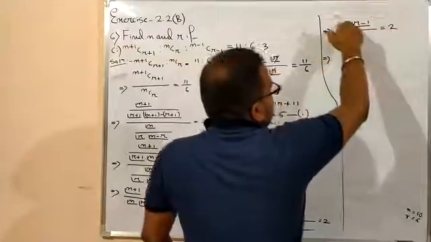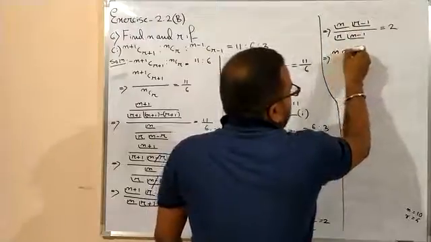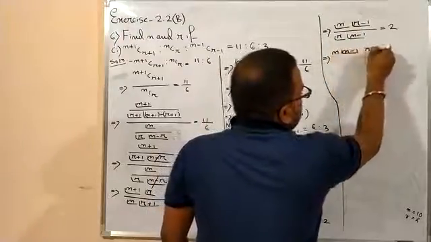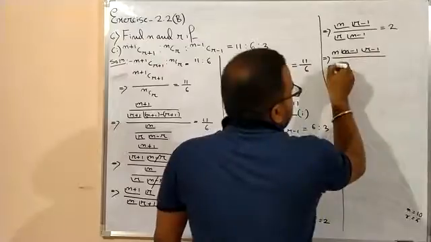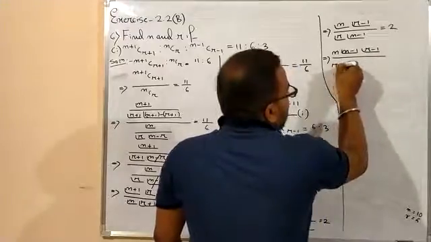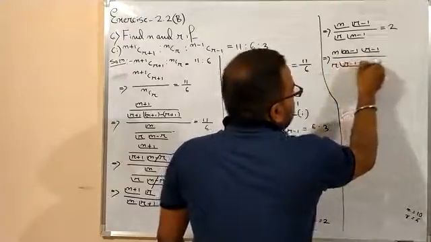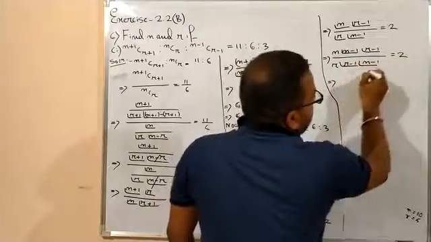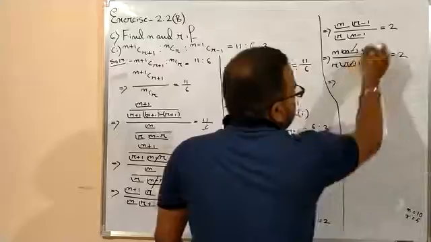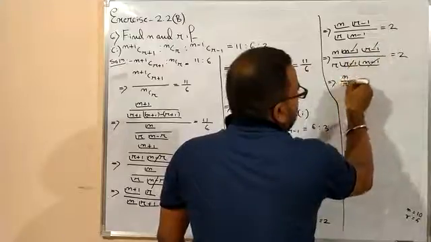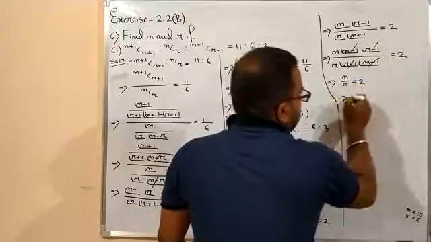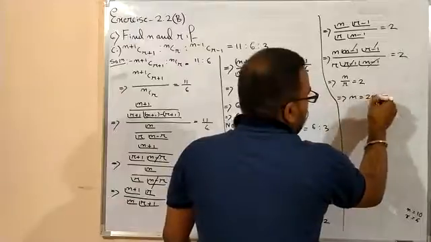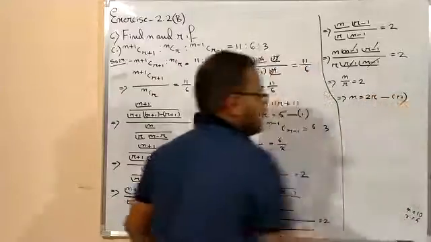Now I can expand this one, so it will be n into factorial n minus 1, and factorial r minus 1, divided by r into factorial r minus 1 and factorial n minus 1, equals to 2. Now these cancel, so it will be n by r equals to 2. So now it is n equals to 2r. Give it equation number 2.